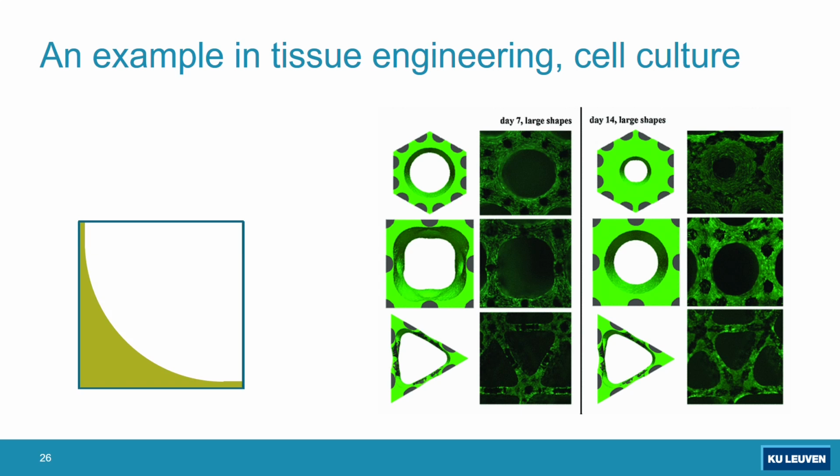So we define a function, in this case, concentration of cells, denoted by C, which is a function of X and Y, because we can have different concentrations in different regions. But as you can see here, on day 7 we have something, on day 14 we have something else. So this is also a function of time. So actually C is a function of space and time both.